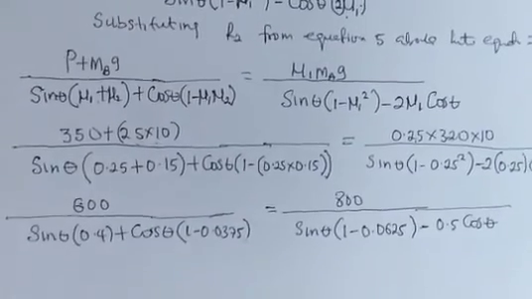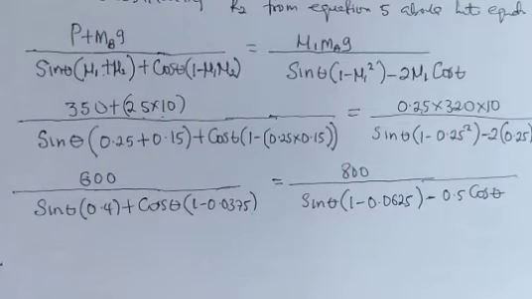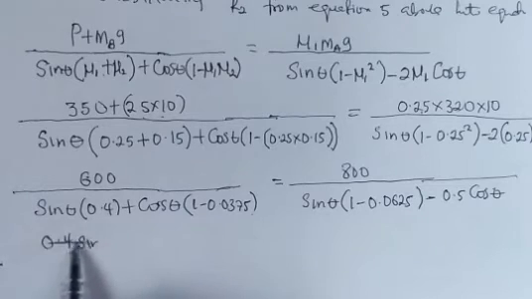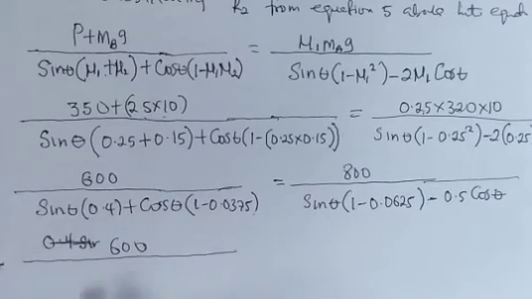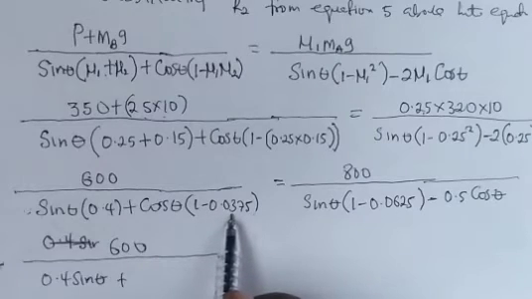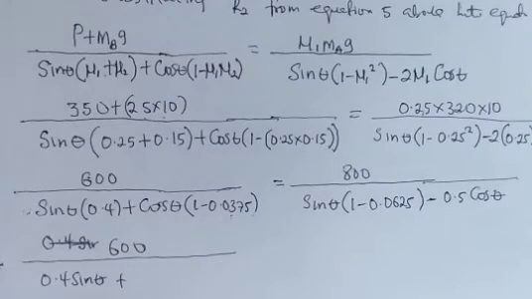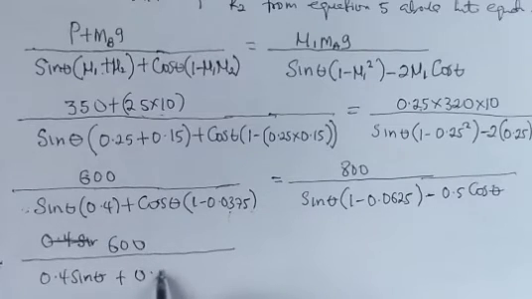Now the next thing, I'm going to have 600 all over 0.4 sine theta, I rearrange it to this onto the front, plus 1 minus 0.0375 will give us 0.9625 cos theta.